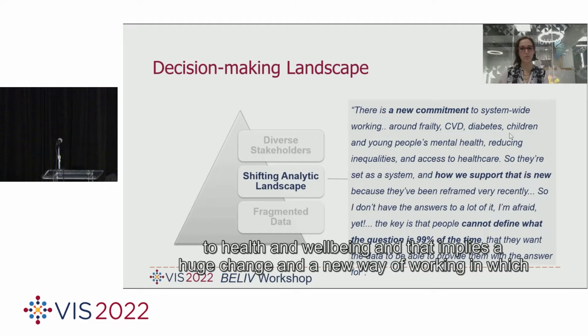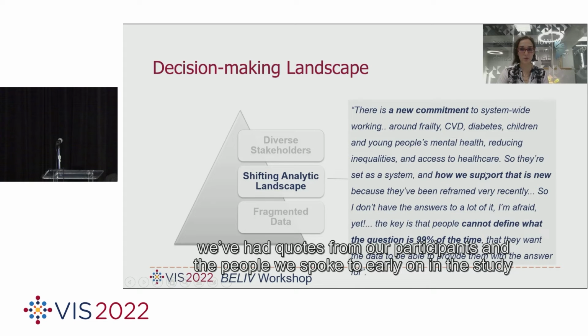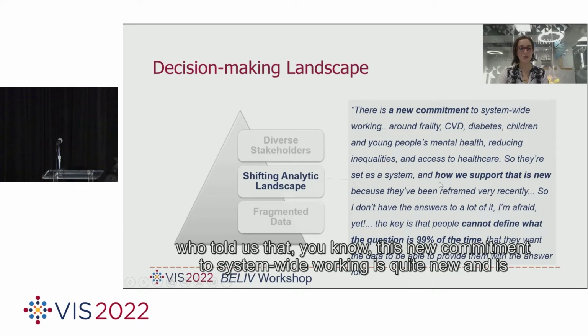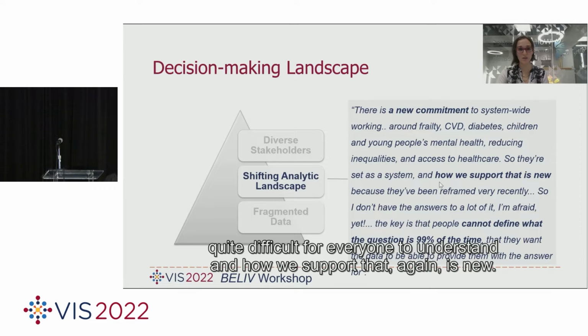That implies a huge change and a new way of working. Participants told us early on in the study that this new commitment to system-wide working is quite new and quite difficult for everyone to understand, and how we support that, again, is new.